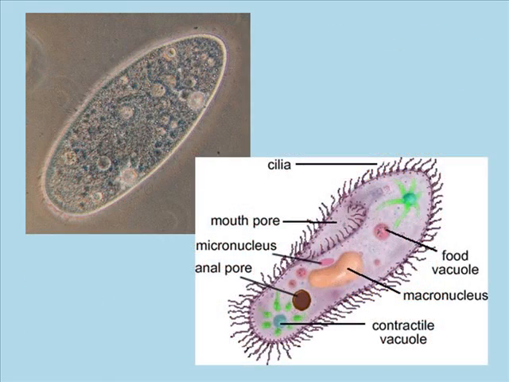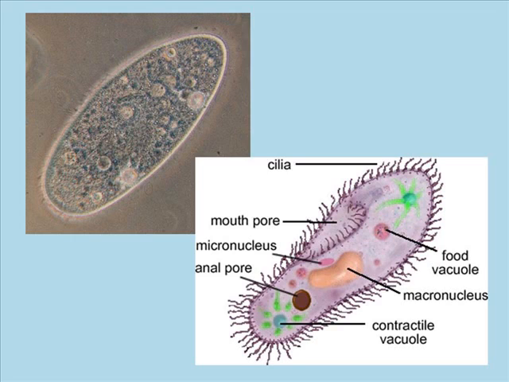The top picture is a paramecium under the microscope, and the bottom one is a hand-drawn that shows you all the parts. We do have the cilia, which are the hair-like structures. The mouth pore is another name for the oral groove. The macronucleus is the large nucleus that controls all of the functions of the cell.